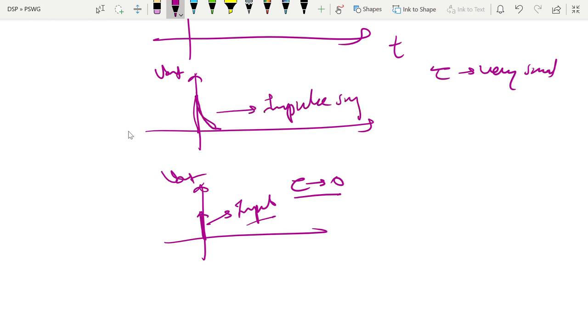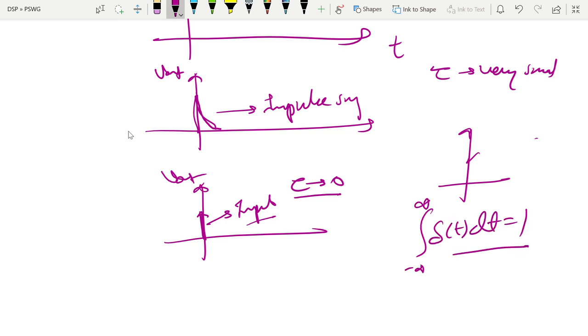All of you know what an impulse signal is. Delta t is the integration from minus infinity to infinity of delta t dt, which equals 1. Its area is 1. So it is an impulse signal.